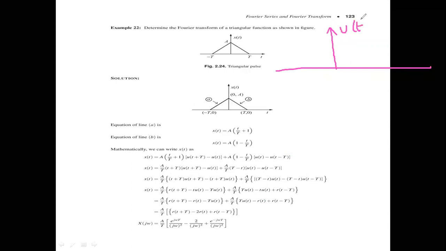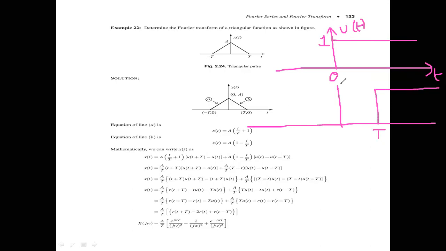Mu of t is a step function with a magnitude of 1 from 0 to infinite with the variable t. And what we have taken here is mu of t minus T. Previously it was mu of t plus T. Minus means a delay function by T samples. So mu of t minus T.